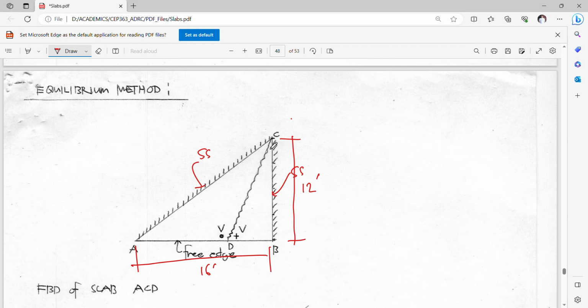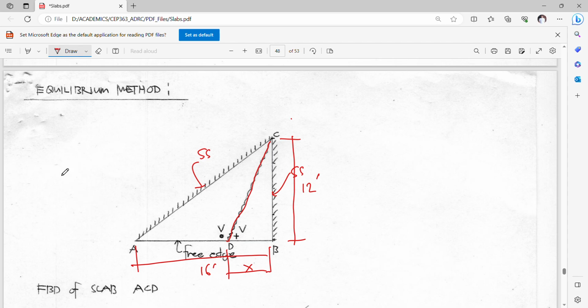And we assume a yield line coming from the vertex C going down here. Also, we assume a distance of x from point B to approximately the location of the yield line at the edge, side A.